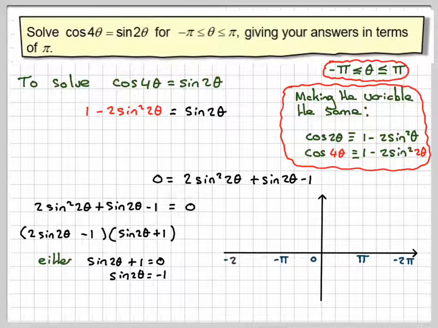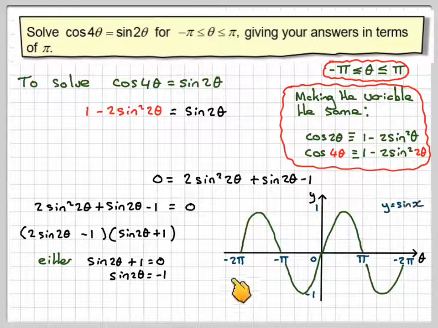If we draw a graph of just sin θ to begin with, it looks like that, between minus 2 pi and plus 2 pi. Because here we're solving between minus pi and pi for θ, but for 2θ we need to look at minus 2 pi to 2 pi.